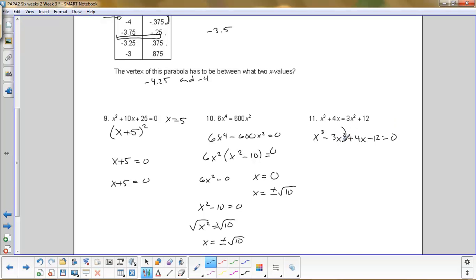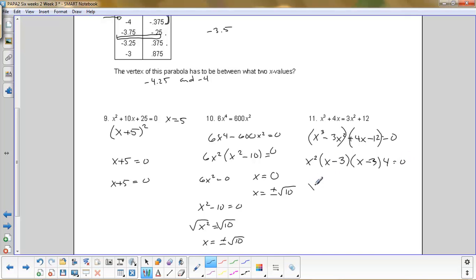Four-term grouping: put your parentheses around the first two terms, follow up with the last two terms, factor out your greatest common factor, which in the first group is x squared. What's left is x minus 3. In the second group, you factor out a 4. What's left is x minus 3 times 4.